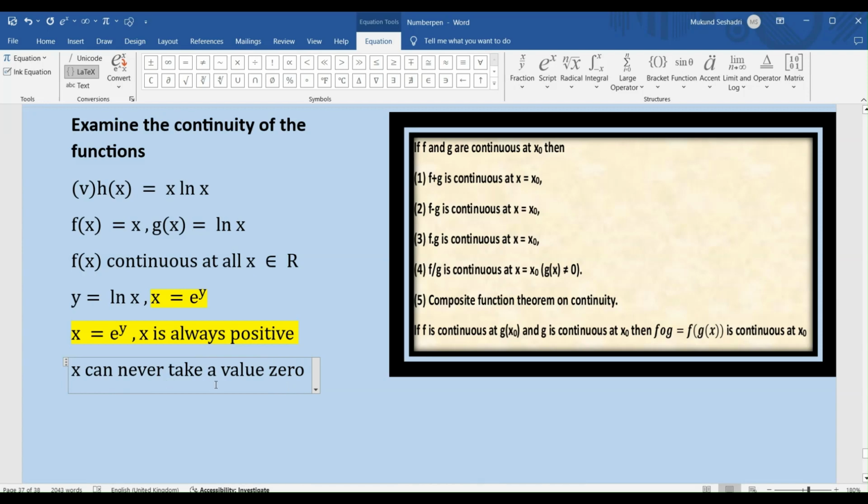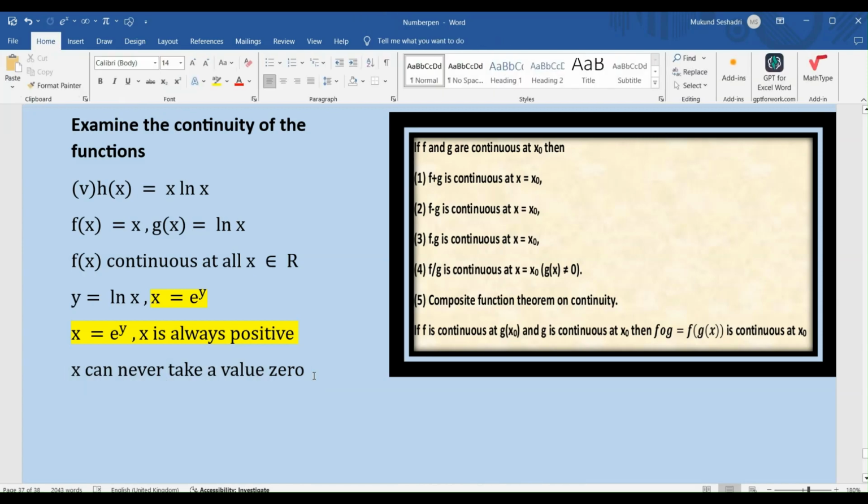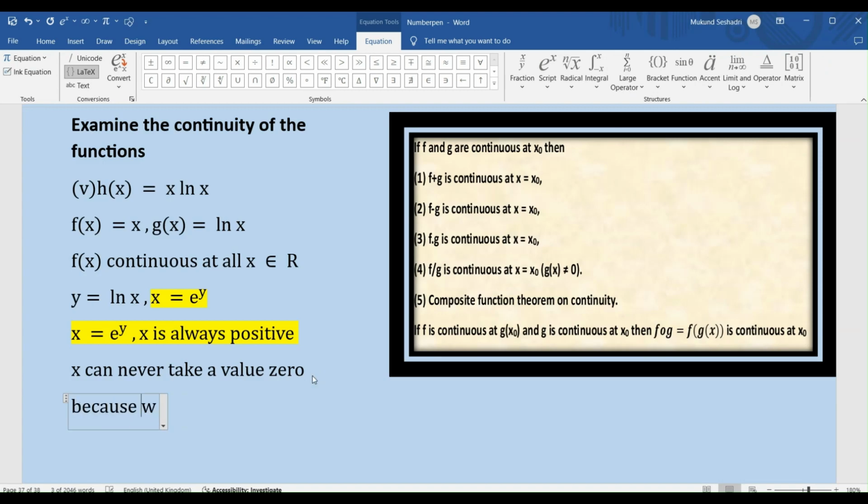And why is that? Because, let's move to the next line. Because when x equals 0, y takes a value minus infinity, right? And which is undefined, right?